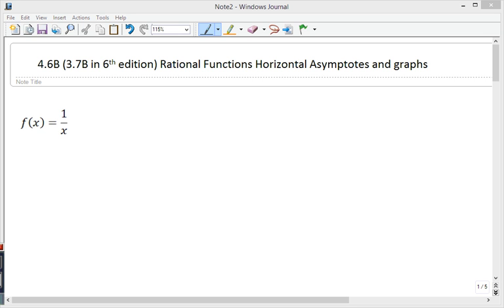A vertical asymptote is not part of the domain, so the graph cannot cross a vertical asymptote. But a horizontal asymptote, it could cross in the middle part. What it does when x gets larger is approach it.